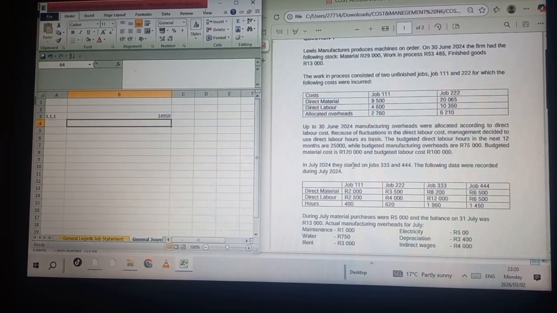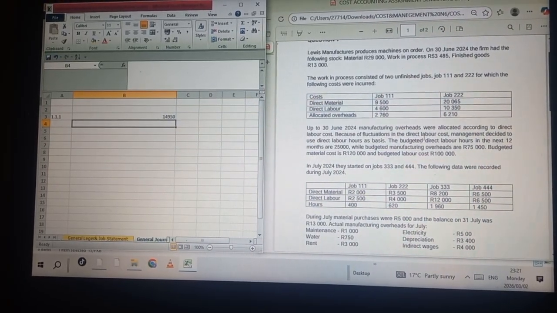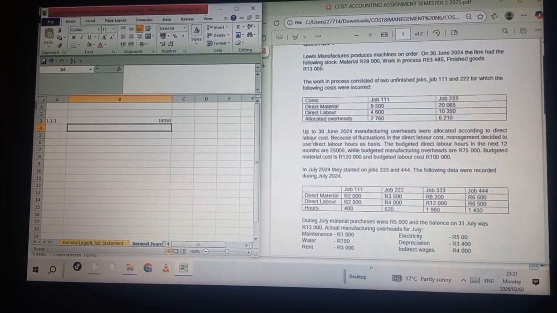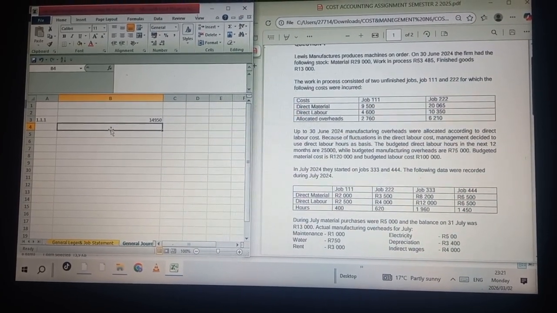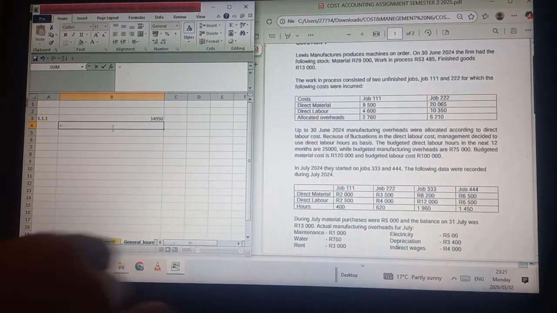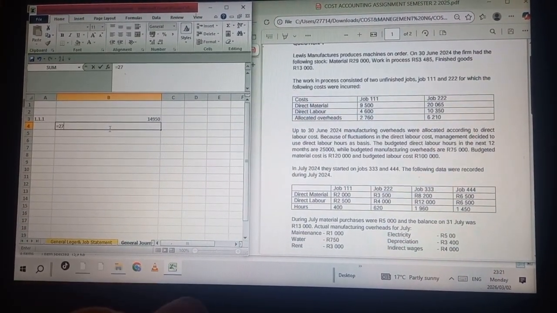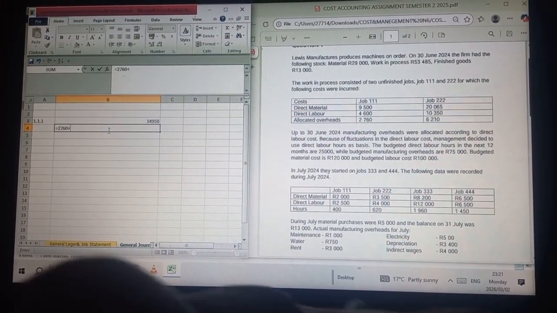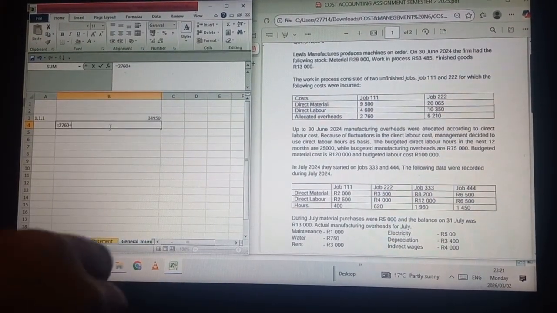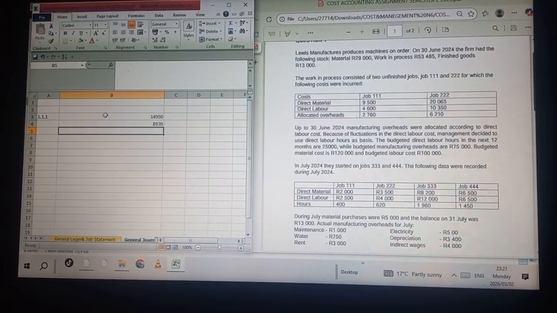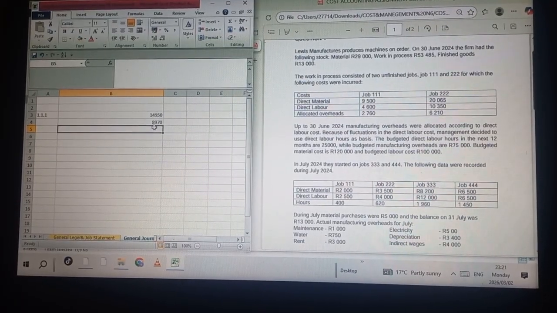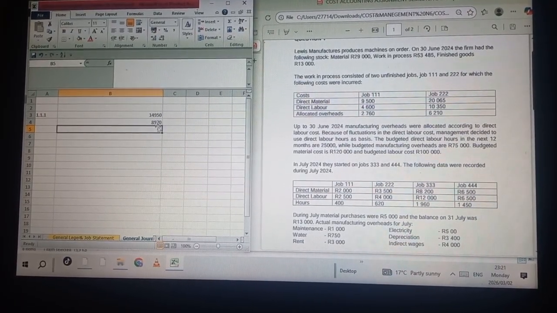Overheads allocated. Remember they told us that manufacturing overheads were allocated according to direct labor cost, and then we are given our allocated overheads, which is 2,760 plus 6,210, and then we get the amount of 8,970.